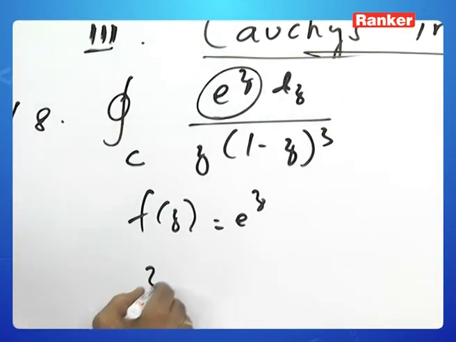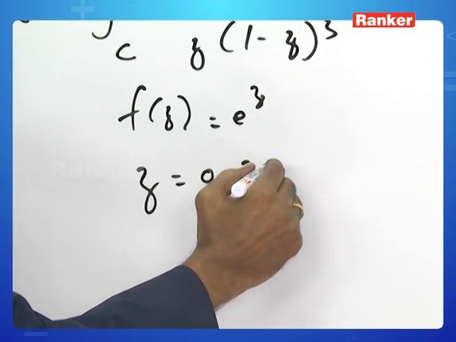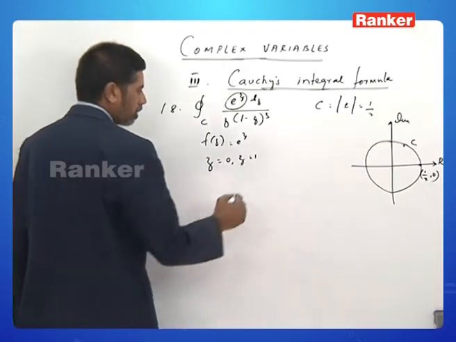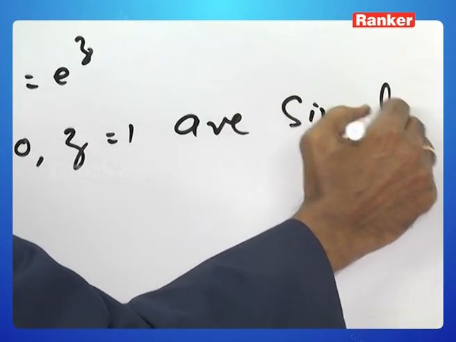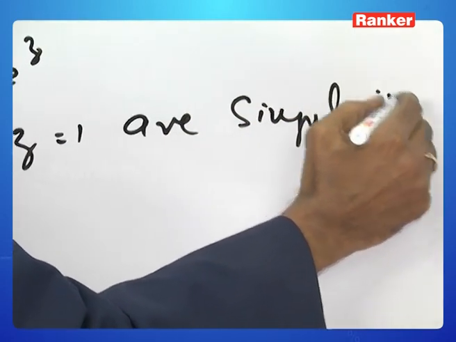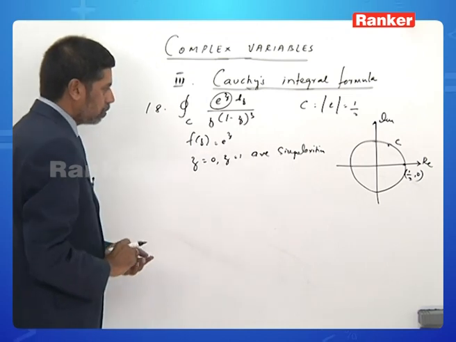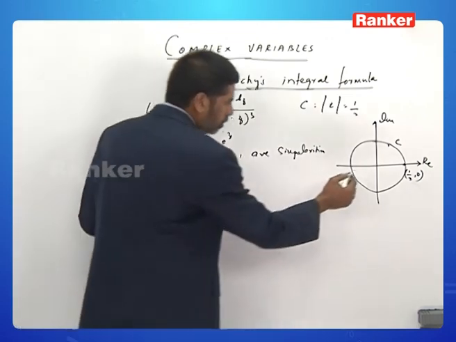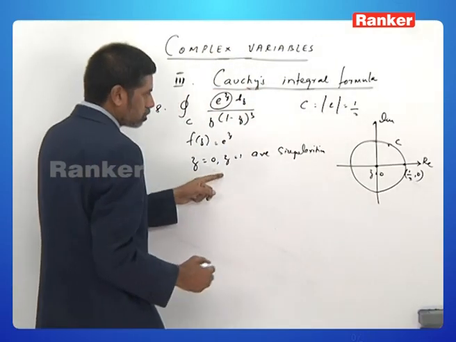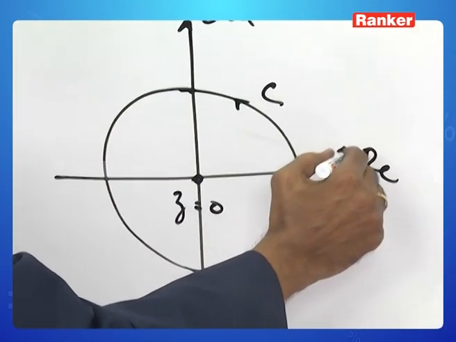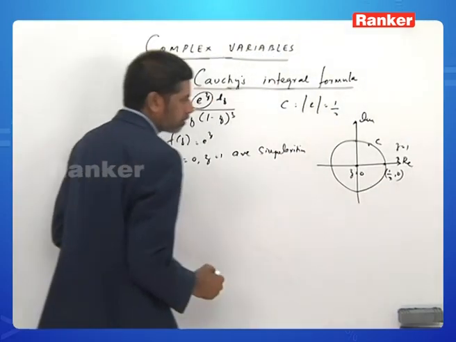You have two singularities, z is equal to 0, z is equal to 1. But you will find z is equal to 0 is inside the contour, but z is equal to 1 is outside the contour.